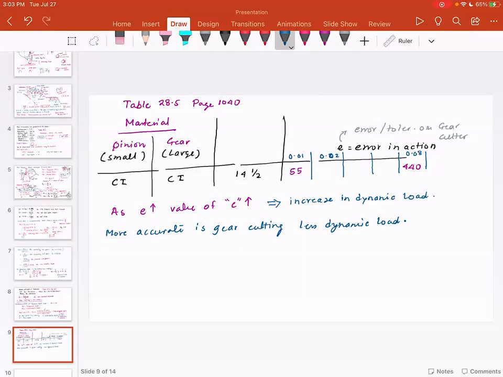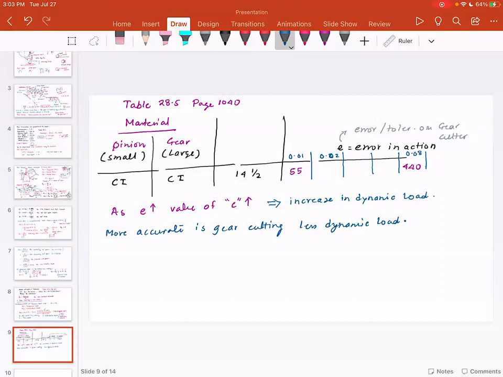If you start with a very accurate cutter, then the cost of gear cutting increases, which means the gear is going to be expensive at the end. But what that means is the overall dynamic load is going to be less.